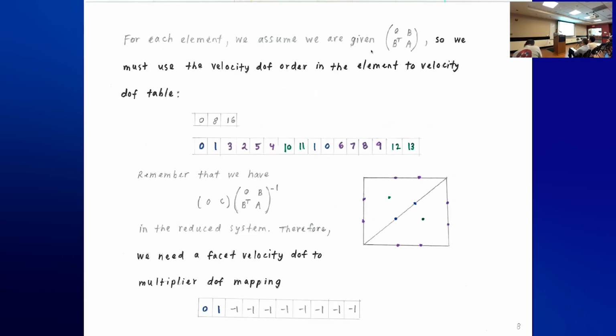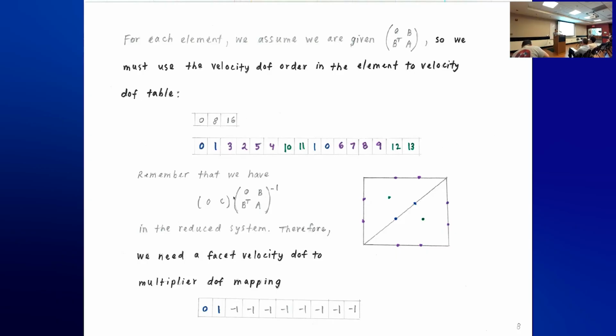For each element, we assume we are given this matrix already. So we must use the velocity DOF order in the element to velocity DOF table. So this is the element to velocity DOF table. For each element, it tells you all the DOFs. And we must use this because if you remember, in the reduced system, we have to form this matrix, at least on the left-hand side.